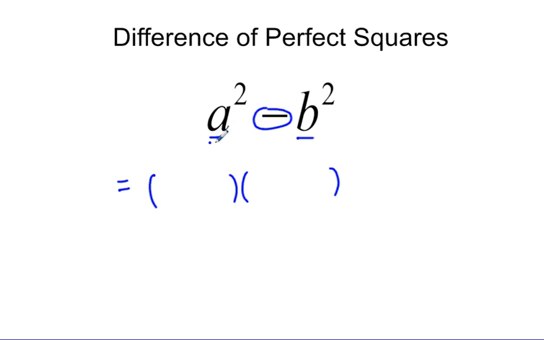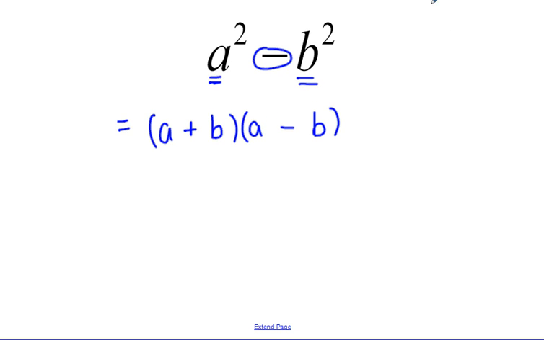We take the square root of the first term, which would be a, and the square root of the second term, which would be b, and in one parenthesis we write a plus sign, and in the second parenthesis we write a minus sign. Now it's really important that you are aware of your problem and whether or not there is a subtraction sign in between your perfect squares.